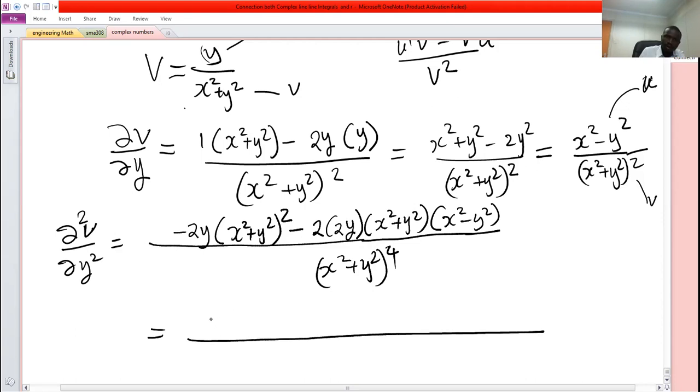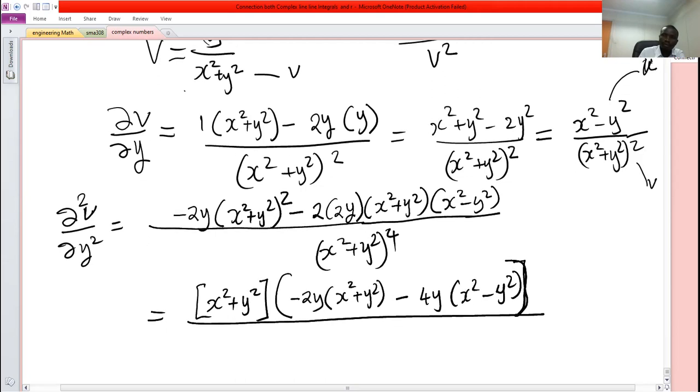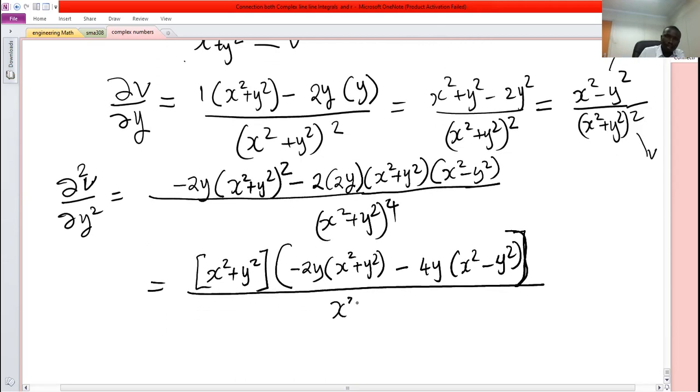so this is common. X squared plus y squared is common to this and this term. So I put brackets: minus 2y into 1 of the x squared plus y squared minus 4y into x squared minus y squared, divided by x squared plus y squared to the power 4.